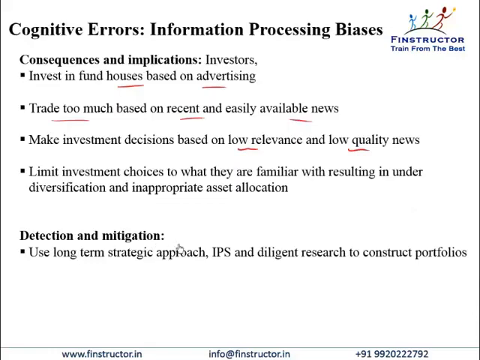To mitigate this bias, use a long-term strategic approach, an investment policy statement that we will just study, and diligent research to construct portfolios. Do not trade just on news or on easily available news. Analyze the news, see if the asset fits in your overall strategy, in your overall asset allocation, and then purchase or sell it.